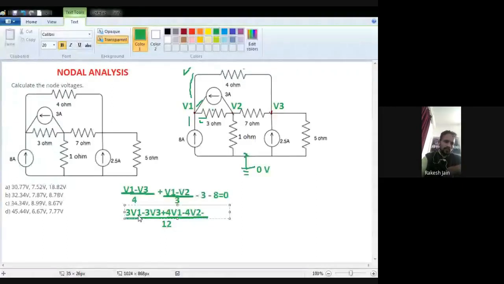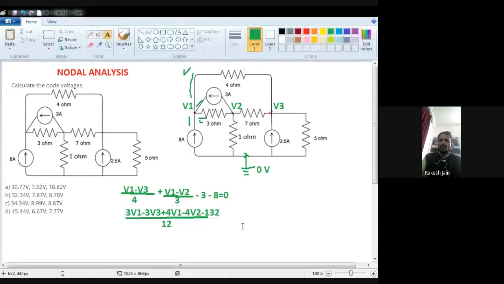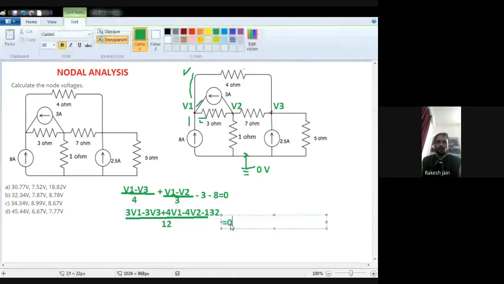What will be the answer of minus 11 multiplied by 12? Let me see from the calculator. Minus 11 multiplied by 12 will be 132. Okay, now that is equal to 0.